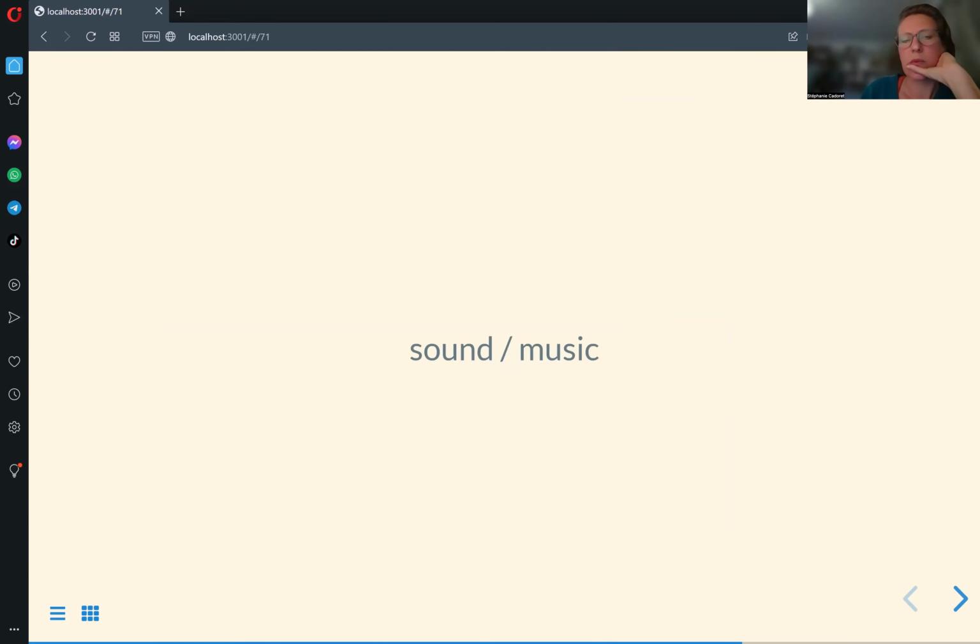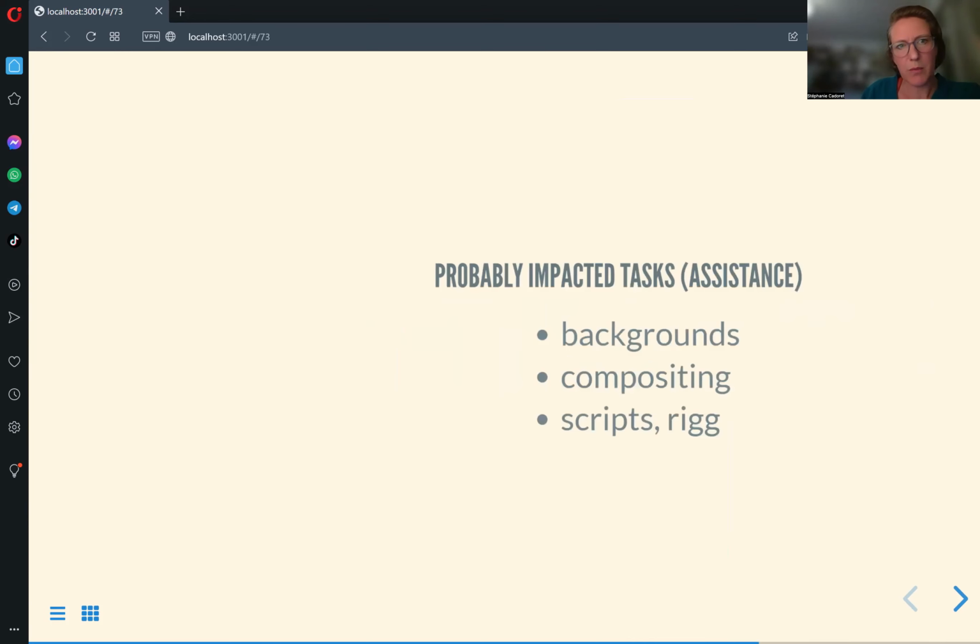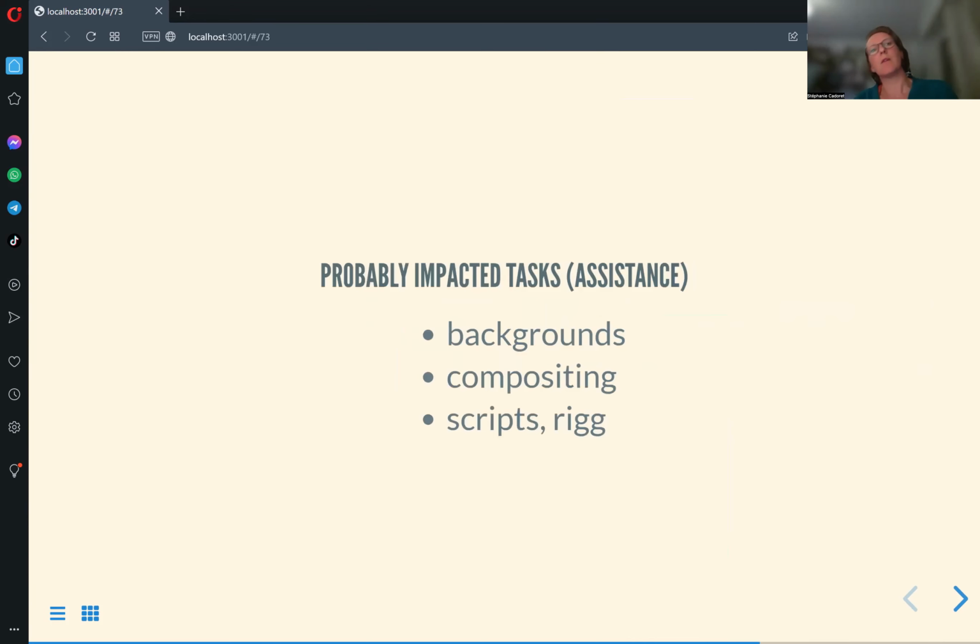So I listed a few automated composition apps that can already be used. And so to finish, the probably already impacted tasks: background, compositing, script and rig. When I say probably impacted, I mean in usage in the production.